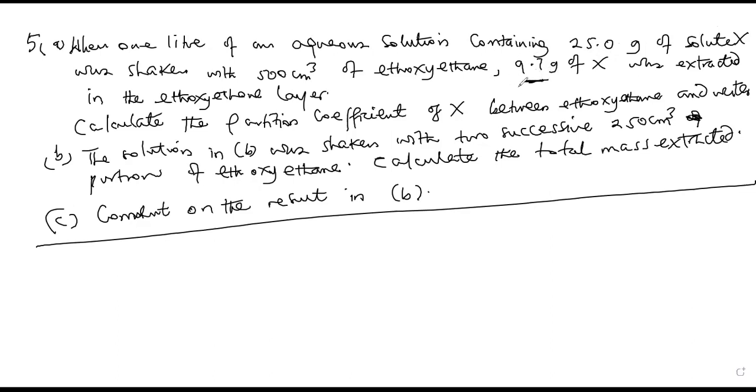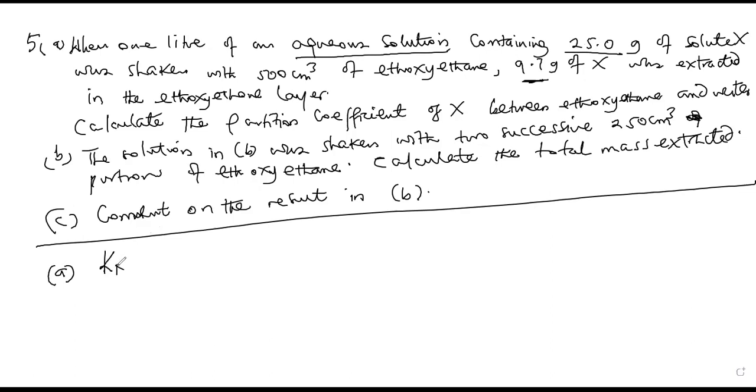So if 9.7 was found in the ethoxyethane layer, then we can get the mass remaining in water, because the aqueous solution had this. Now, after extraction, 9.7 was extracted in the ethoxyethane layer, meaning we can get the mass in water. So I'm going to do part A.